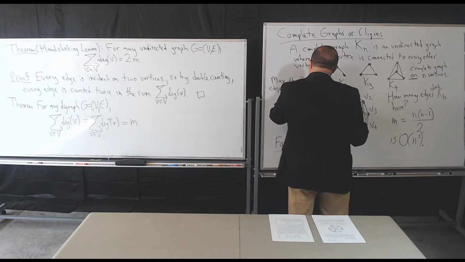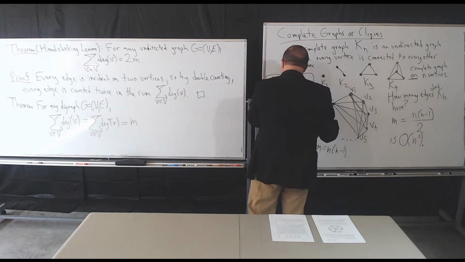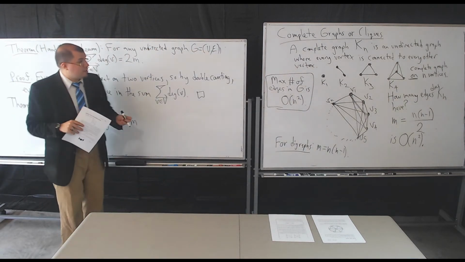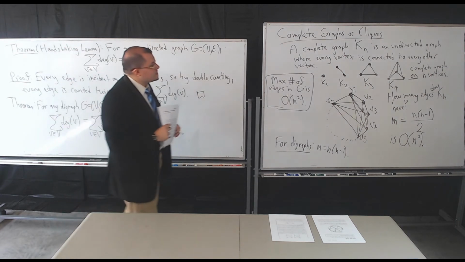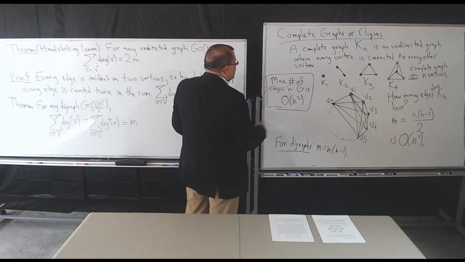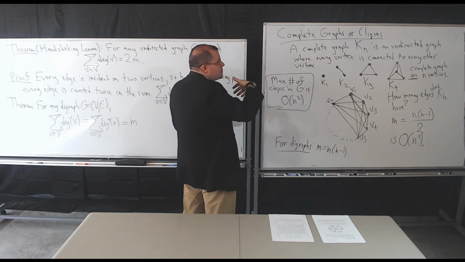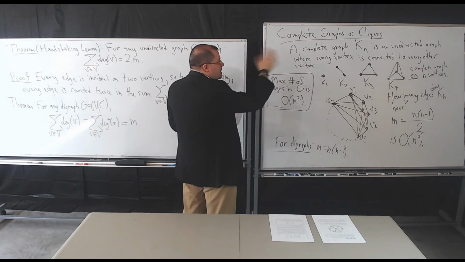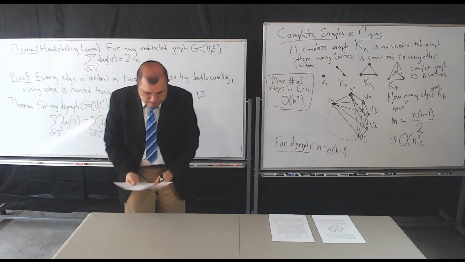That's the whole point here. So this is the big point I want you to take away from this discussion. It's what a complete graph is and what is the maximum number of edges possible in a graph. It's big O of n squared. Does everybody see that? Okay, so a complete graph, or clique, is just simply a graph where every vertex is connected to every other vertex. We call it a clique or a complete graph. Got it? It's nice and simple.